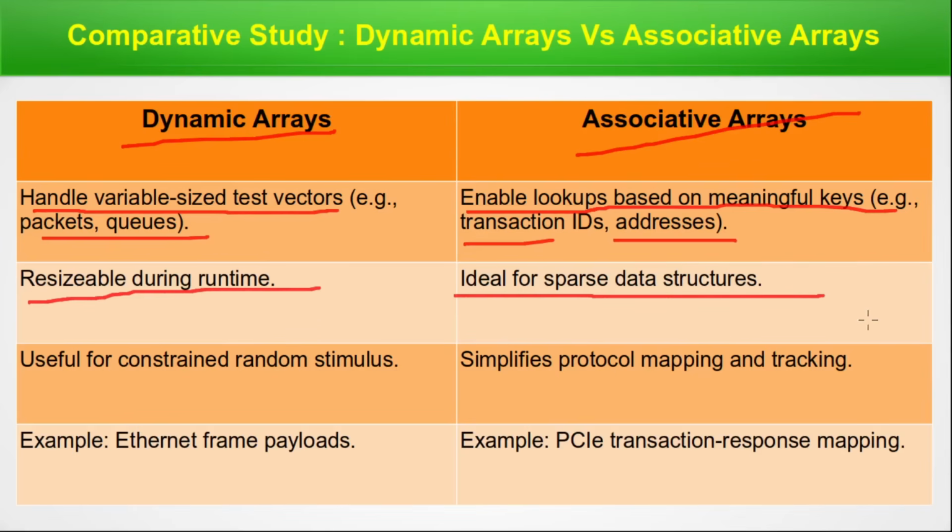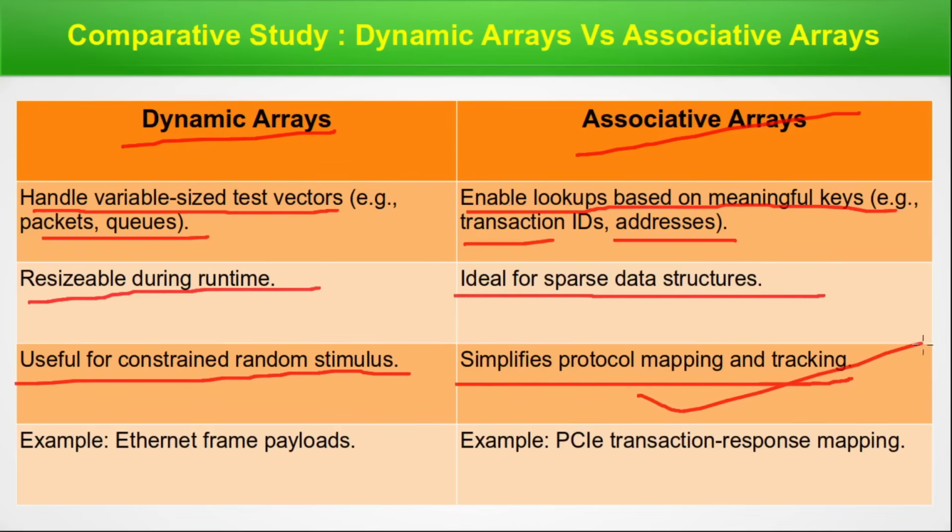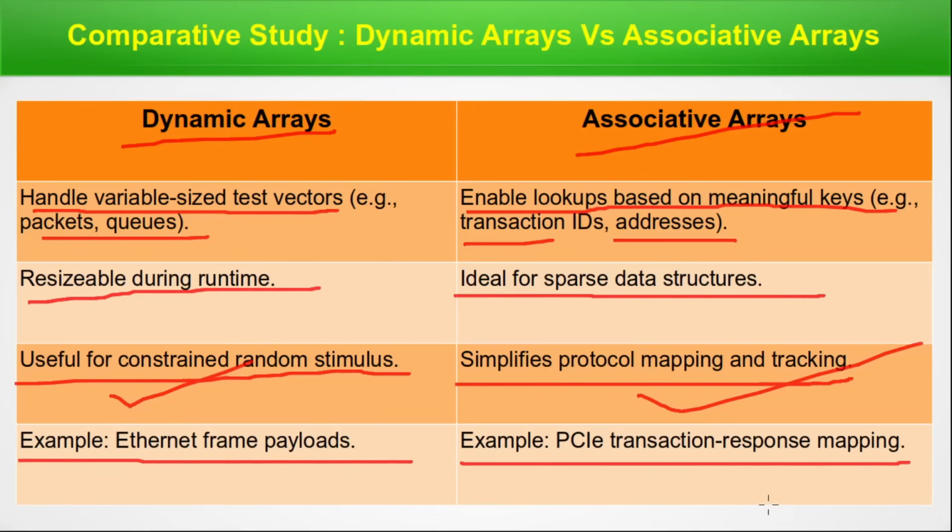However, this is again resizable, but the definition should be done in the beginning. Useful for constrained random stimulus, it simplifies protocol mapping and tracking. Anything that is protocol based will be dealt with the associative array, and anything with random stimulus should be dealt with dynamic arrays. One example is Ethernet frame payload, and here it is the PCI transaction response mapping, and we have seen the examples too.